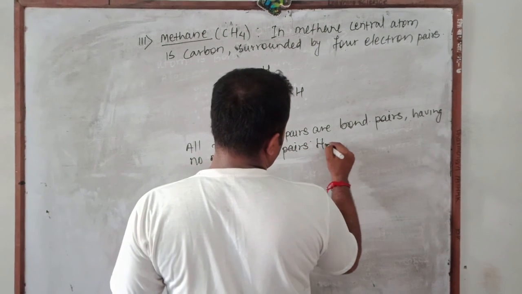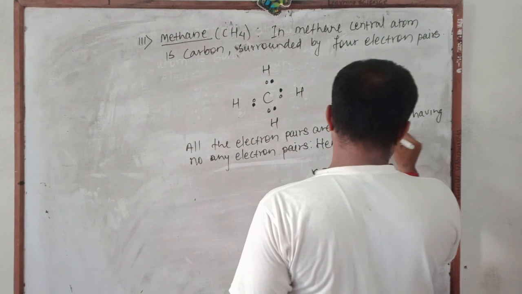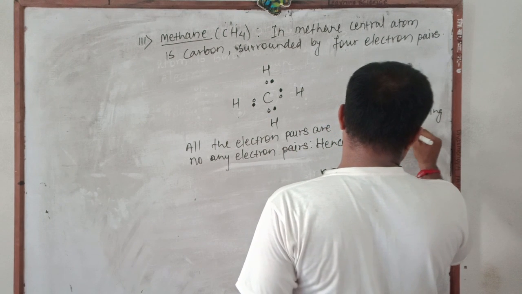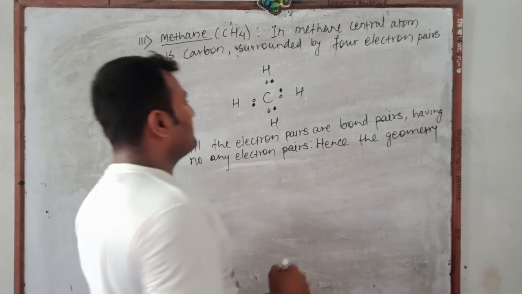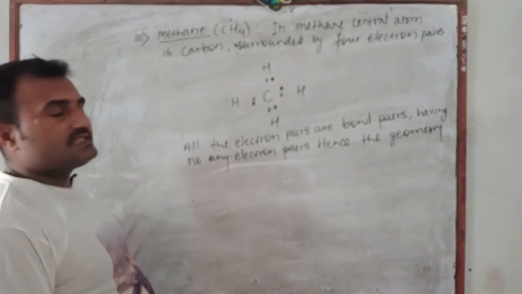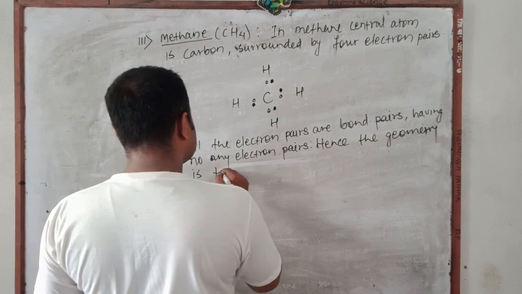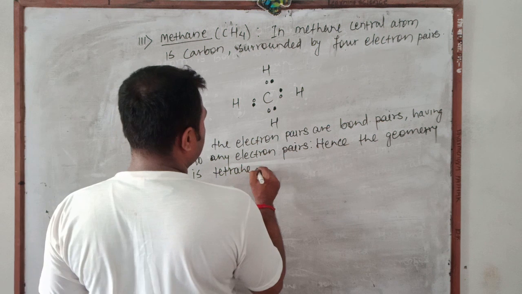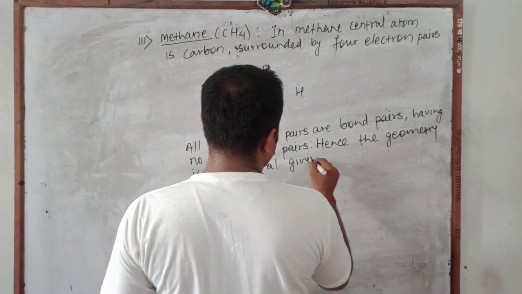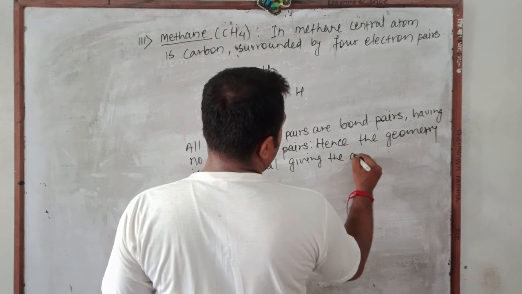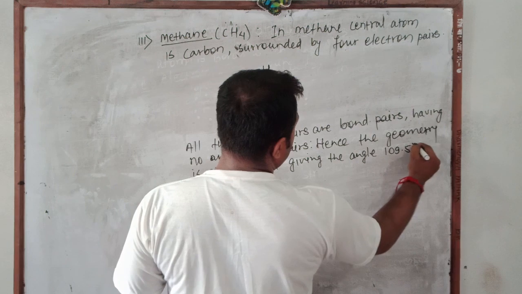Hence, according to VSEPR theory, if 4 electron pairs are there, then the geometry will be tetrahedral, giving the angle 109.5 degree.